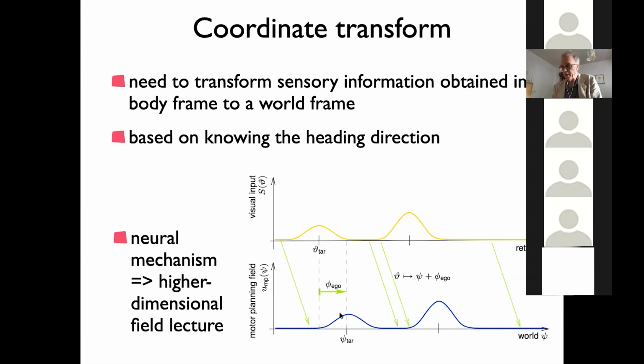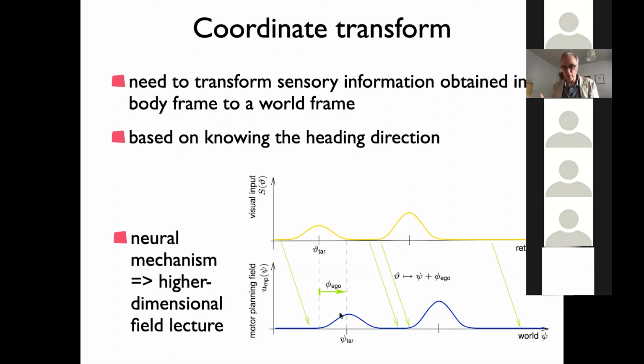We kept estimating that, and then shifting the input to a location in the world frame, the heading direction frame, that was approximately right. Why would we do that? Well, really because again the field, the peak that represents the target, has to be in an invariant frame, a frame that is independent of how you acquire the sensor information.